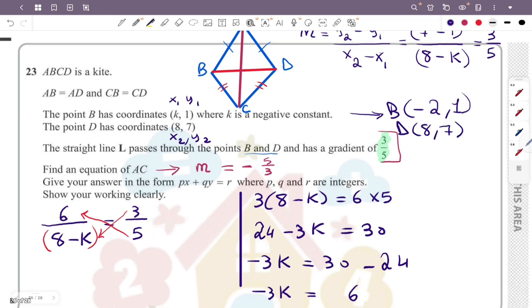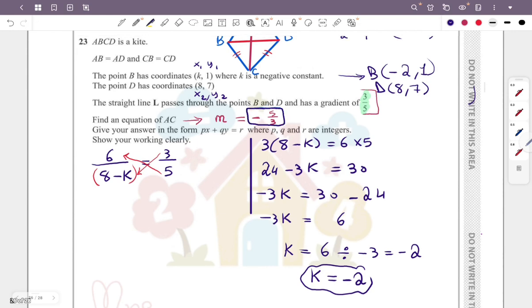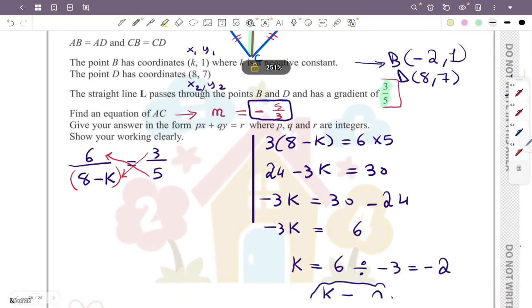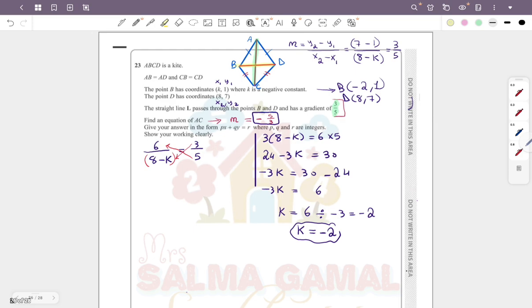How can I find the perpendicular slope for the equation of AC? The perpendicular slope will be minus 5 over 3, the reciprocal with the opposite sign, because AC is perpendicular to BD. Then we need to find the midpoint to find an equation.